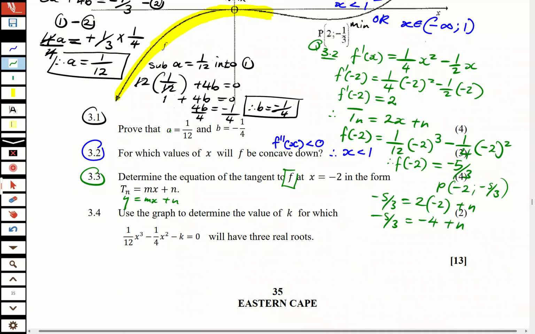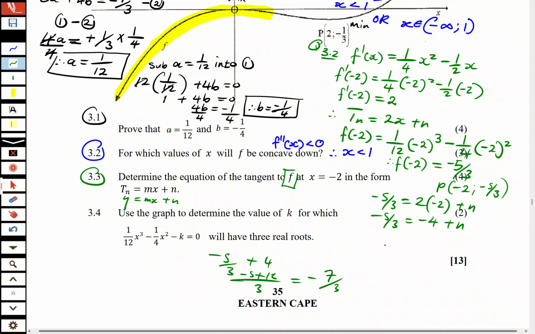Now when you take this to your left, you have minus 5 all over 3 into a positive 4. So this will give you 3 into negative 5, and then plus 12. This will give you 7 all over 3.